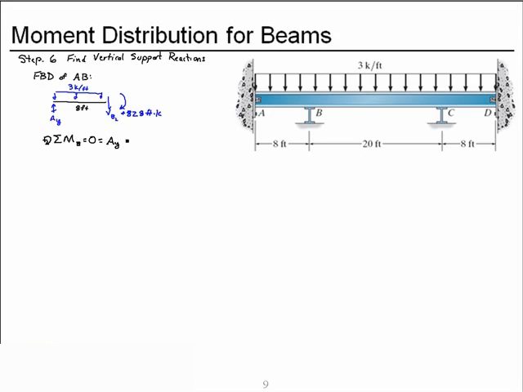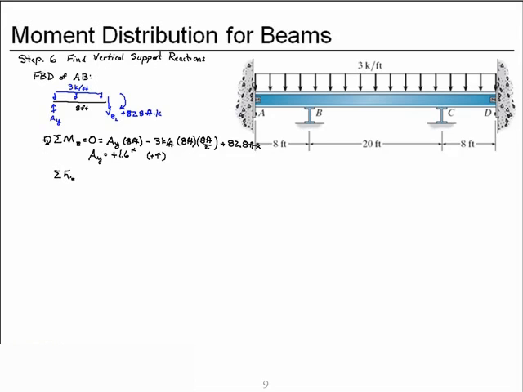We get a positive contribution from AY, a negative contribution from the distributed load acting over 8 feet, that gives me the force resultant, which acts at a distance of 8 feet over 2 from point B, and the moment at the cut, 82.8. We solve this for AY and we get a positive 1.6 kips up.